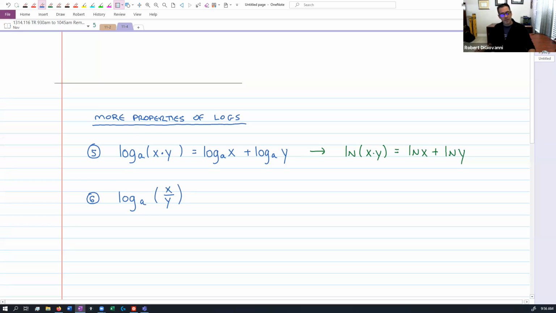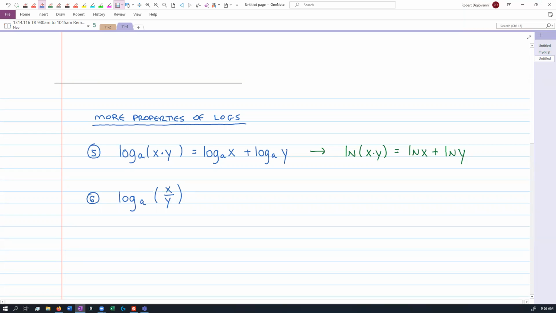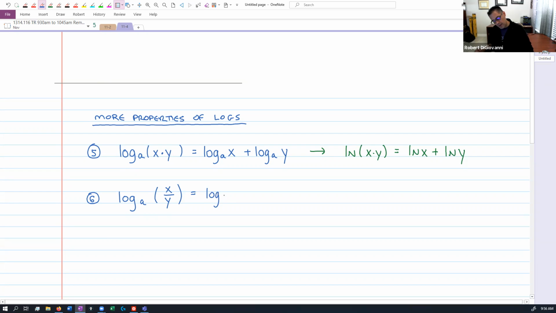What do you think? It'll be minus, that's right. It'll just be log base A of X minus log base A of Y. So if you have division inside of one log, it can split into 2 logs with subtraction between them. And specifically with the natural log, the one that we use so much, this property looks like this.